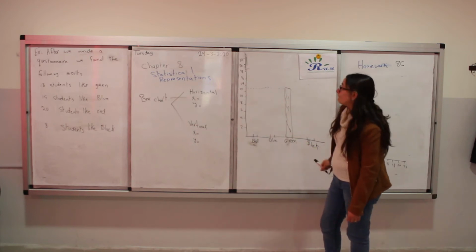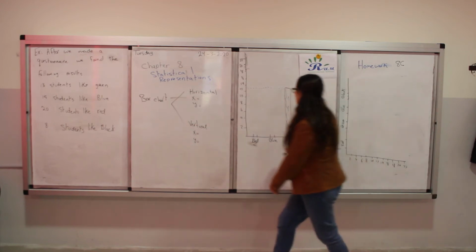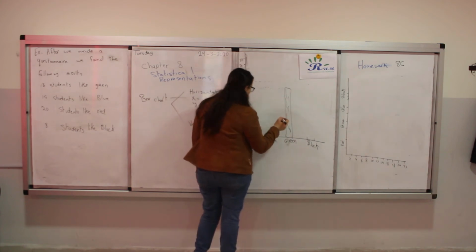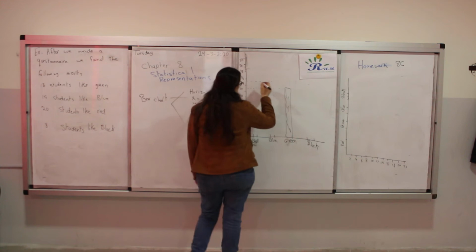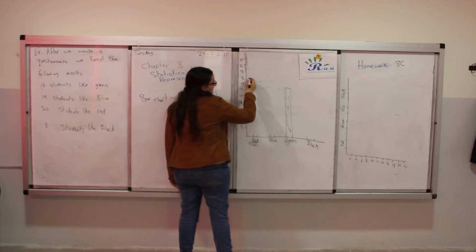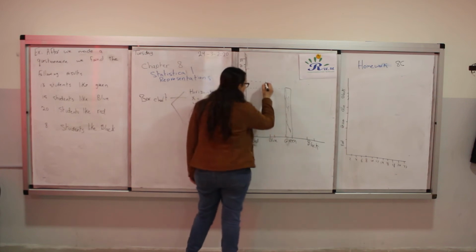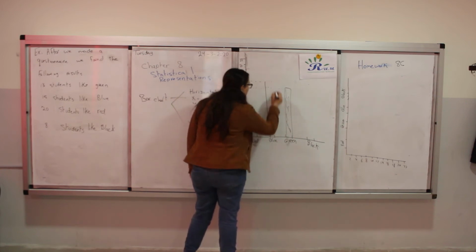For the blue, I have 15. Also the 15 is not on my scale, so I'm going to put it in between, which is between 14 and 16. This is my second bar.